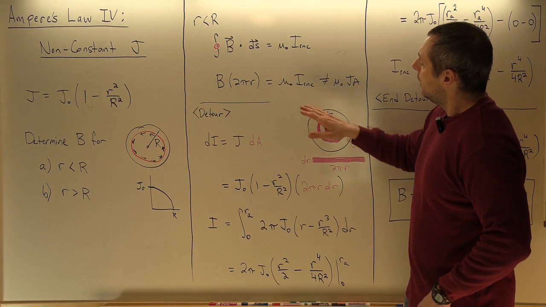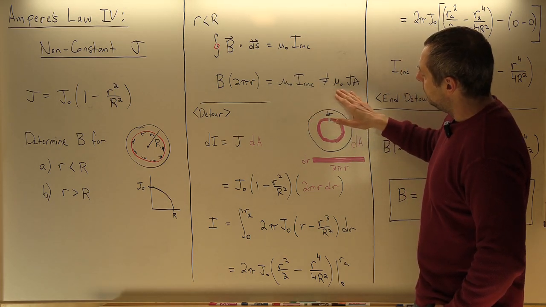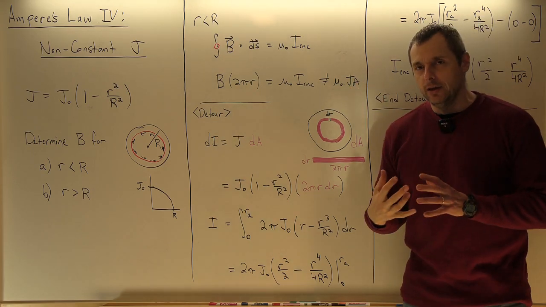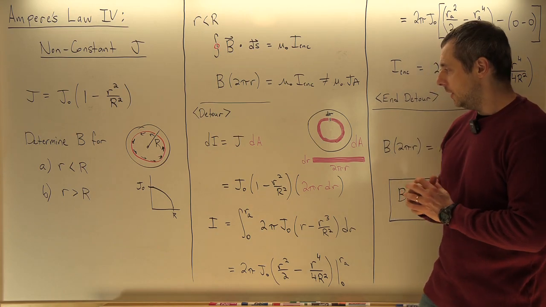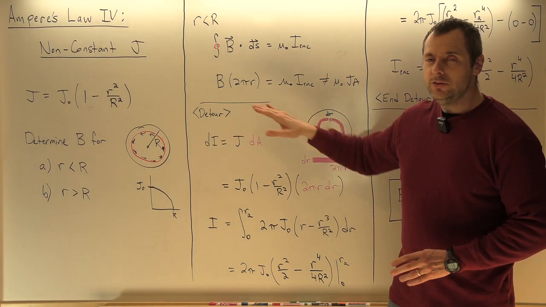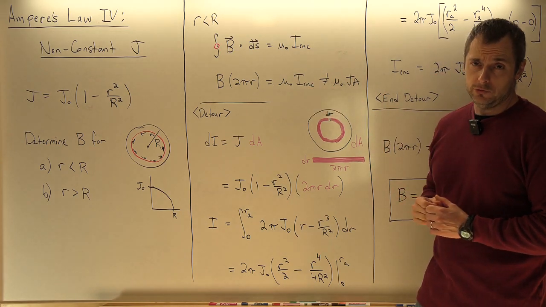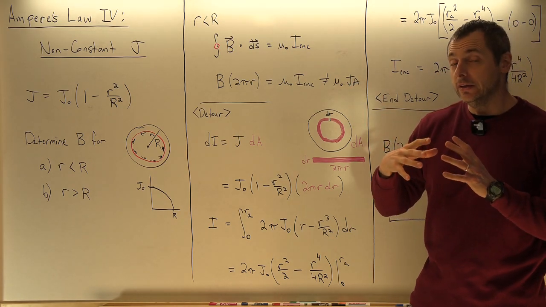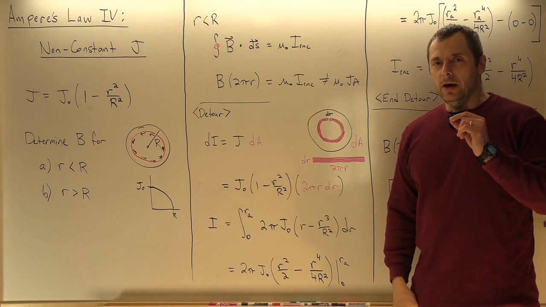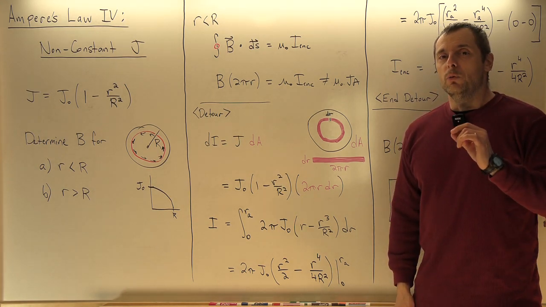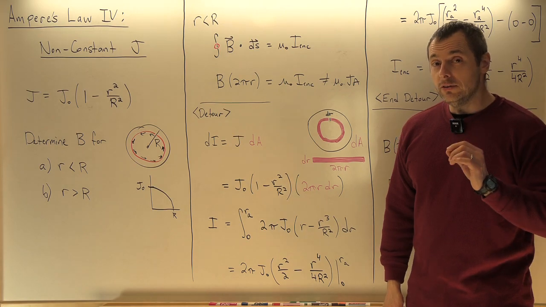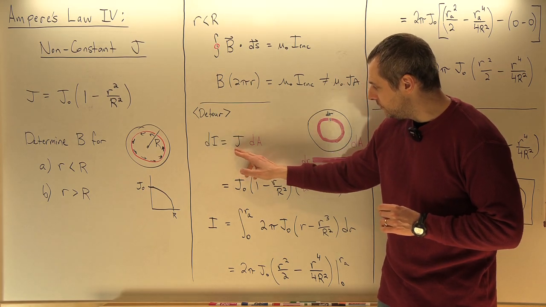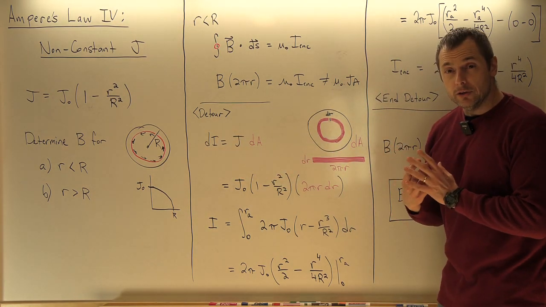But on the right side, we still have mu0 I enclosed, because we cannot say that I enclosed equals J times area, because J is a function, not a numerical constant. So we have to take a detour to determine this I enclosed. We can't use J times area for the entire conductor, but if we pick an area that's small enough where the current density is approximately constant, we still can use that concept that current is J times area, but we have to pick our area in a special way.